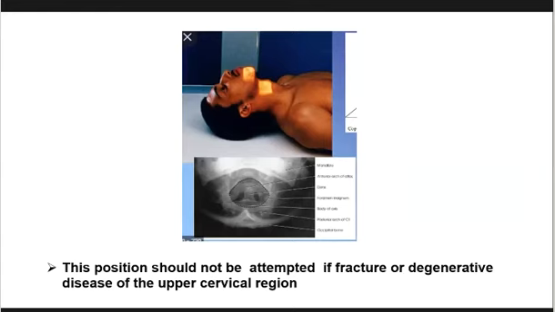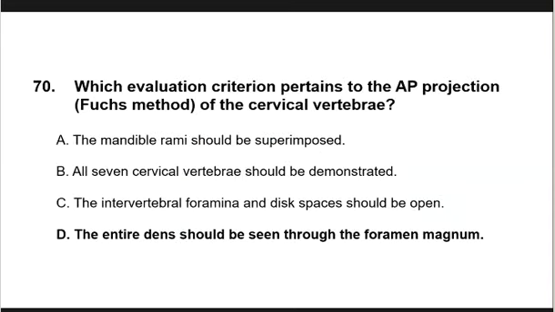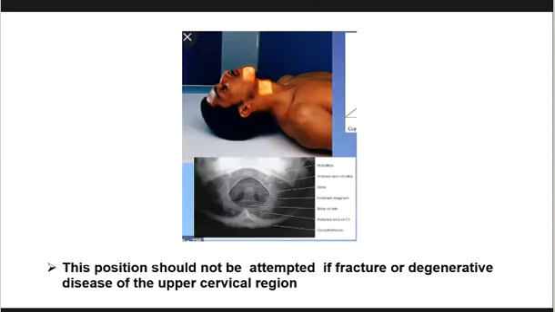So you can see the entire dens or odontoid process within the foramen magnum. So for number 70, the answer is delta. In other words, the C2 or the entire odontoid process or dens can be seen within the foramen magnum. So that position is the FATCH method.